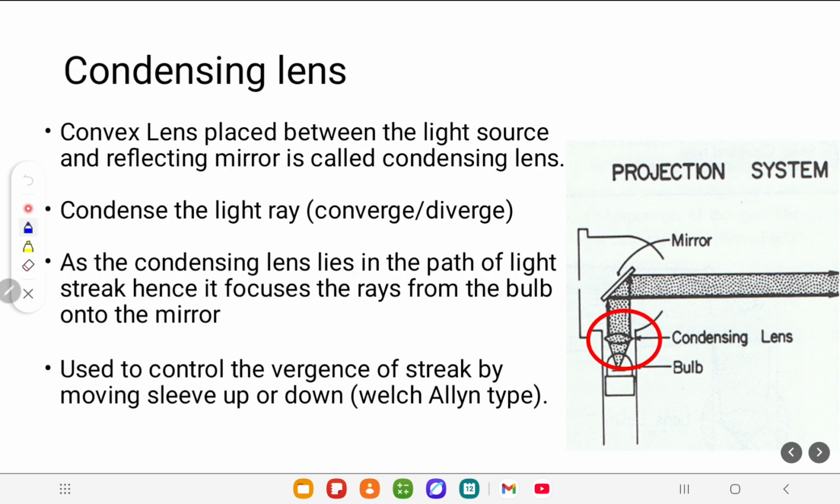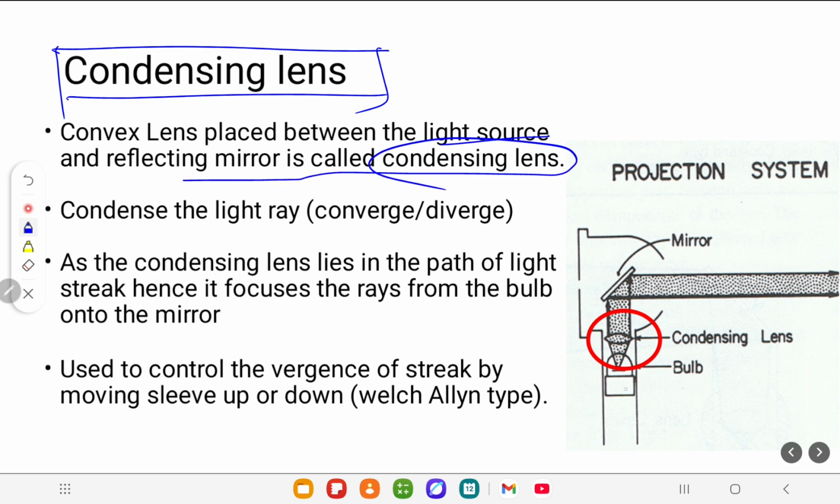Wait. So what does the condensing lens do? A convex lens placed between the light source and the reflecting mirror is called a condensing lens, isn't it? There is a bulb and there is a plane mirror. One condensing lens is placed between what? The bulb and the plane mirror.